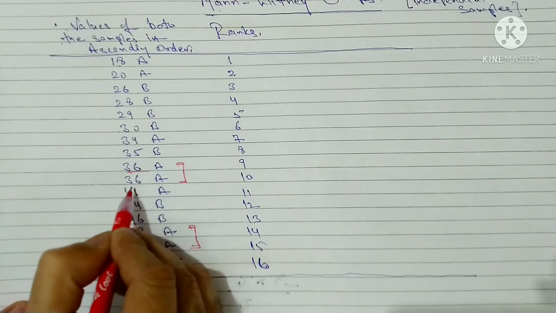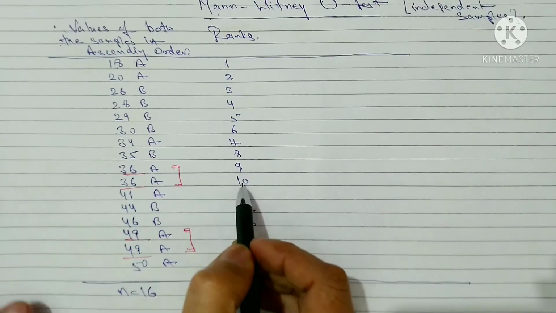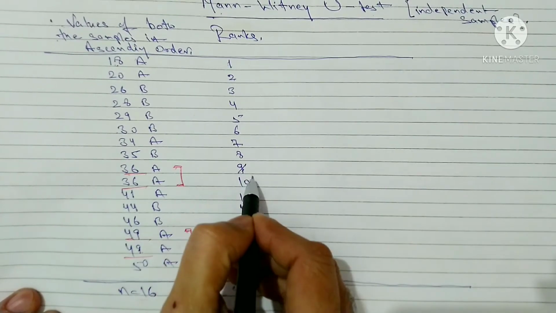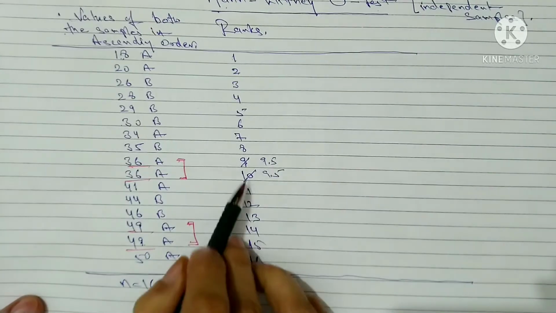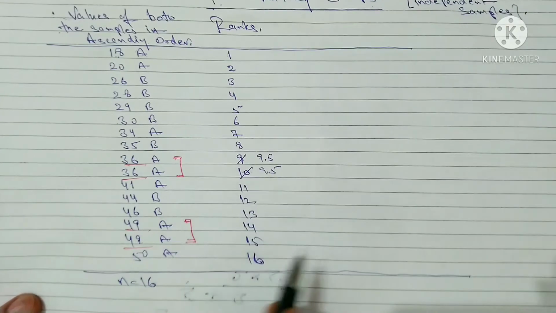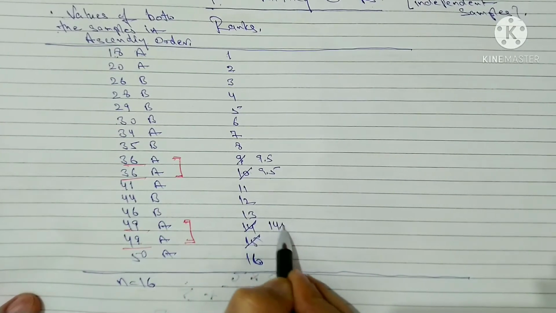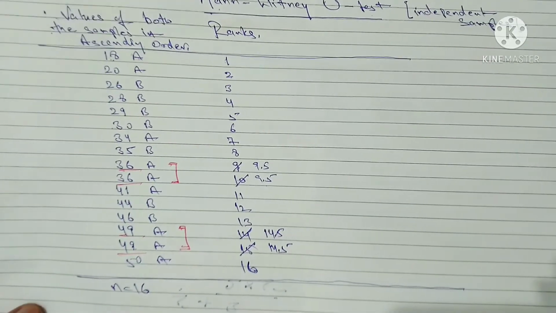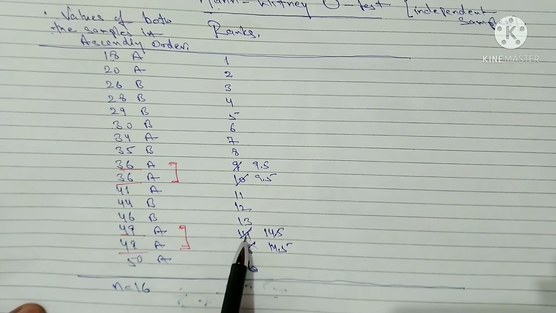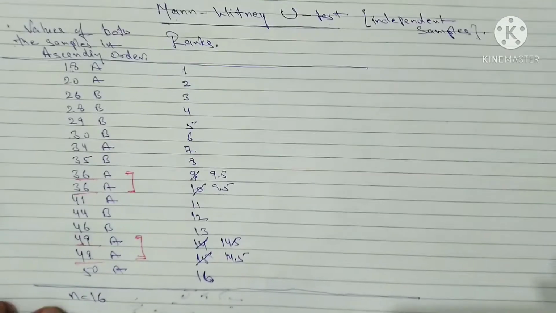For 36, take the average of 9 and 10, which is 9.5, so the rank is 9.5 and 9.5. For 49, the ranks are 14 and 15, so 14 plus 15 divided by 2 is 14.5 and 14.5.